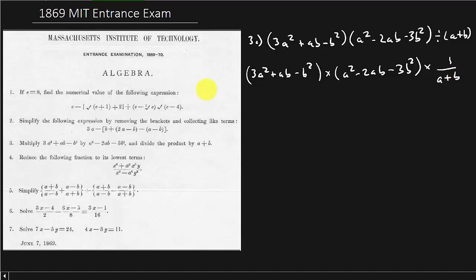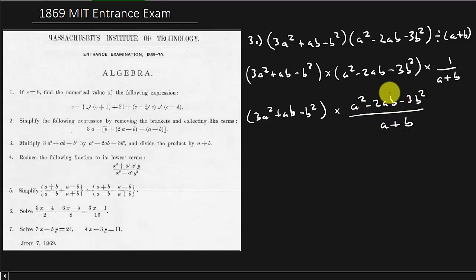Then we've got multiplication everywhere, and it doesn't matter what order we multiply in. So that's going to give us 3a squared plus ab minus b squared times a squared minus 2ab minus 3b squared over a plus b. And what we notice here is that thing right there factors.